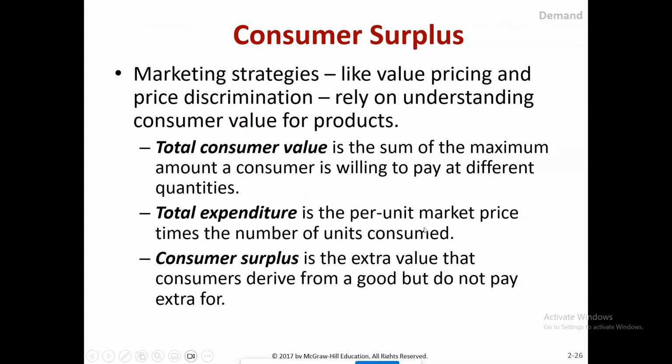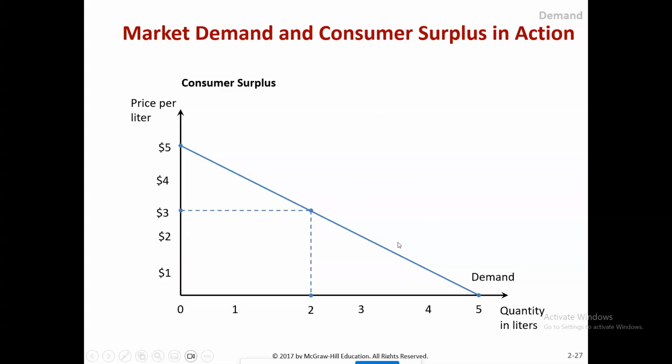The second one is total expenditure. It's per unit market price times the number of units consumed. So even though at one unit of products consumer willingness to pay is 4, they end up paying 3 because this is universal pricing, not like the price discrimination we discuss later, where the first unit charges you $4, the second unit charges you $3.